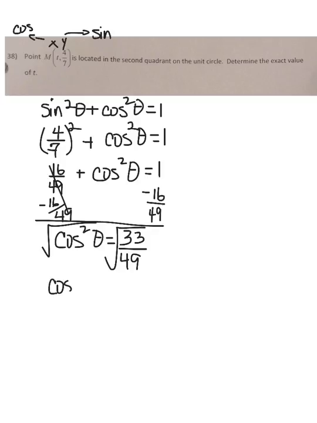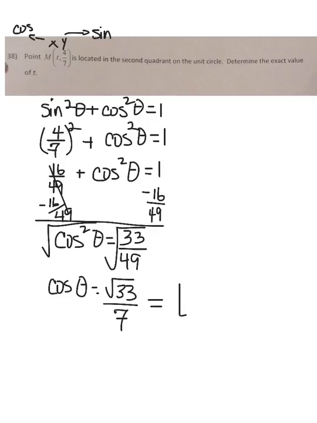So that gives me cosine theta equals the square root of 33 over 7. All right, let's think about that for a second. Remember that I said up here that cosine we associate with the x value, which is t. And isn't that what they're asking you to find right here? They want you to find the exact value of t. So this really is your value of t.